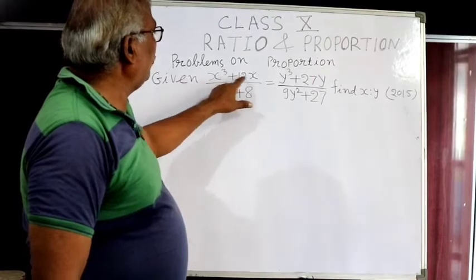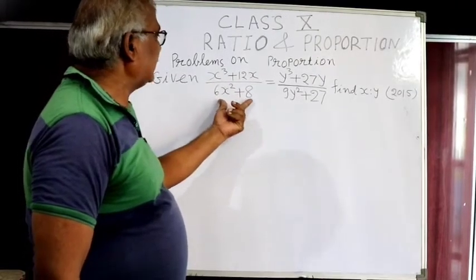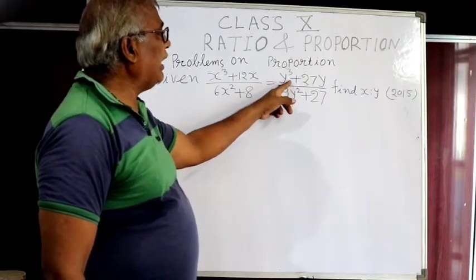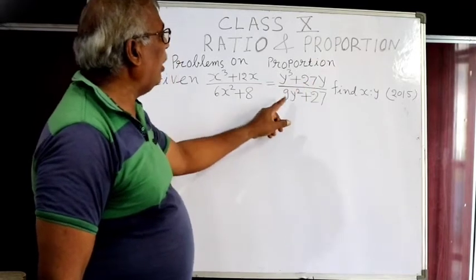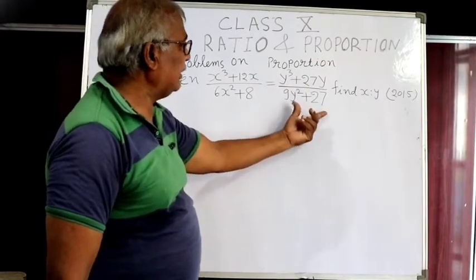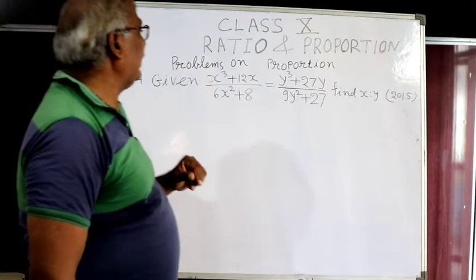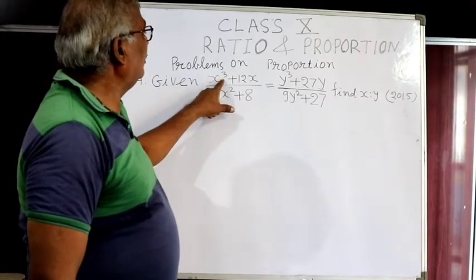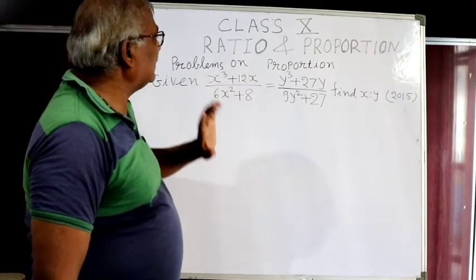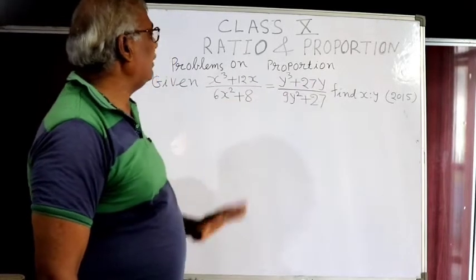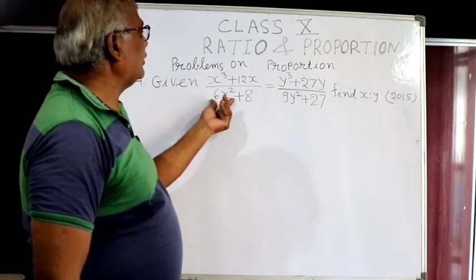Given: x cube plus 12x upon 6x square plus 8 is equal to y cube plus 27y upon 9y square plus 27. Here we see x cube plus 12x and y cube plus 27y, and here is x square.